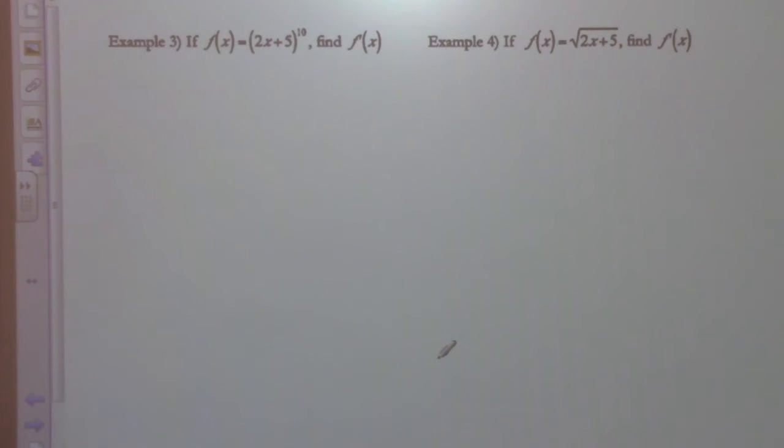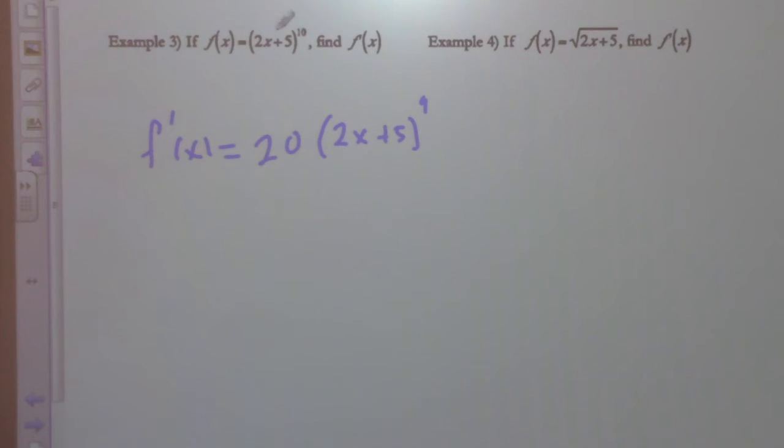Okay, this one here for 3, and maybe I'm wrong, but I'm thinking that's going to be 20 times (2x + 5) to the 9th power. Is that right? That's fine.